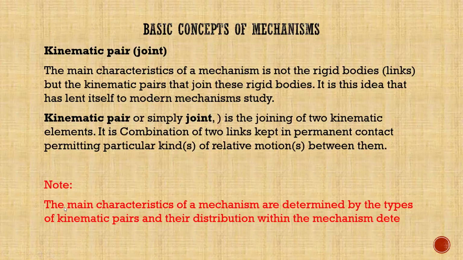Right. So we have to note that the main characteristics of a mechanism are determined by the types of kinematic pairs and their distribution within the mechanism, right?